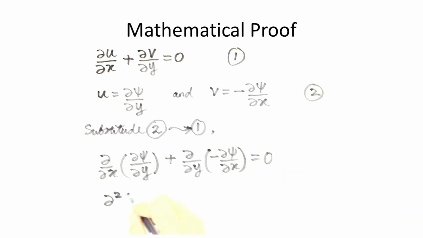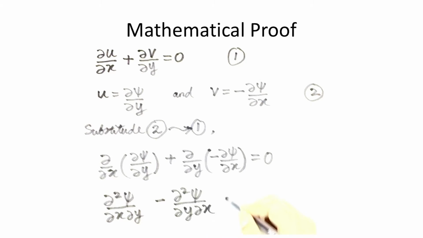We obtain ∂²ψ/∂x∂y minus ∂²ψ/∂y∂x equals 0.